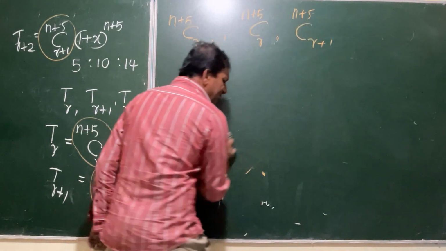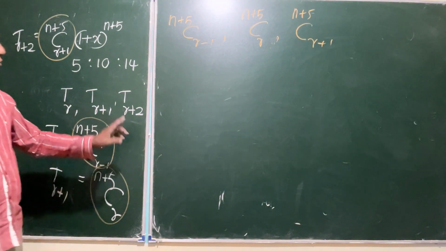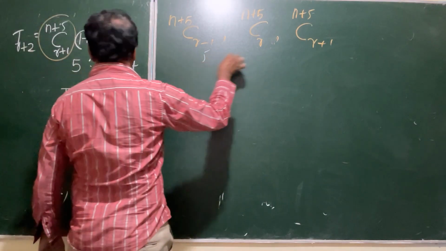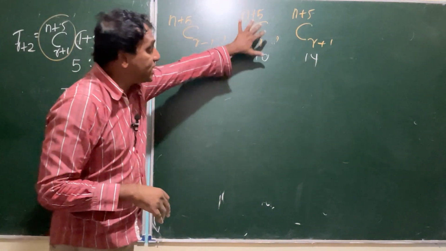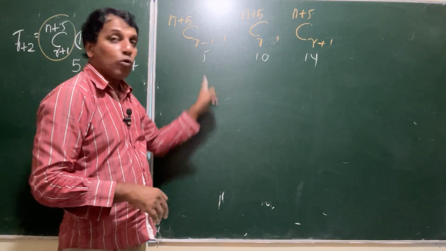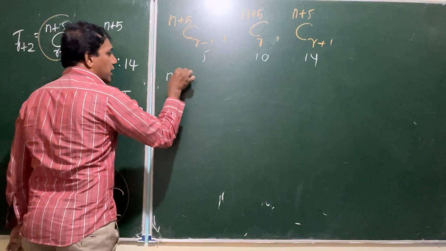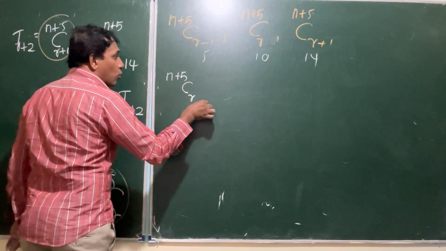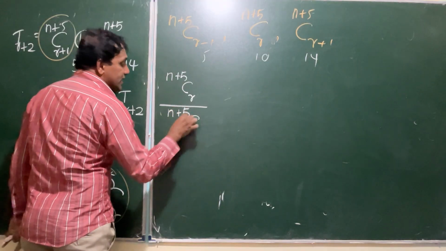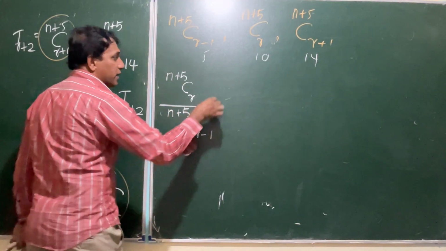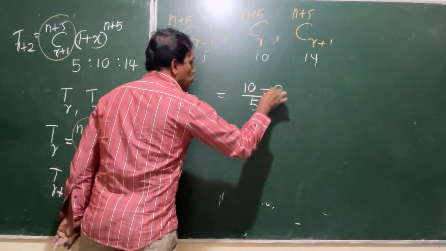So we will develop some equation here, build up two equations and solve. The ratio 5 is to 10 is to 14, right? Therefore, this over this, 10 over 5, is 2. (n plus 5)C r over (n plus 5)C (r minus 1) is 10 over 5, that is 2.